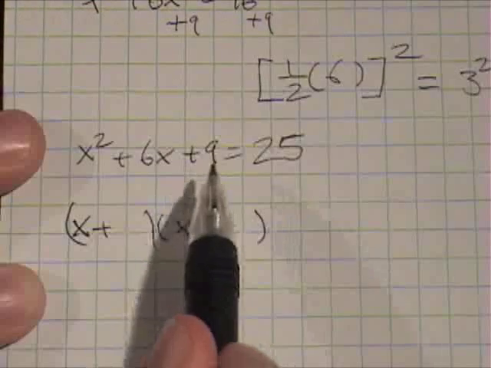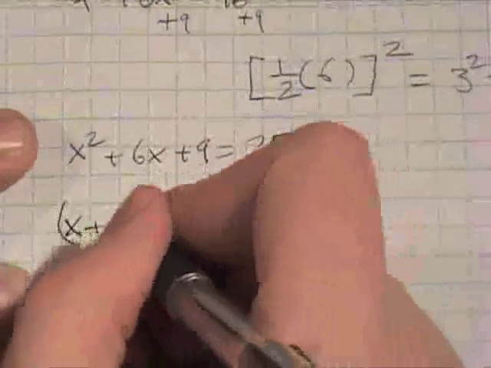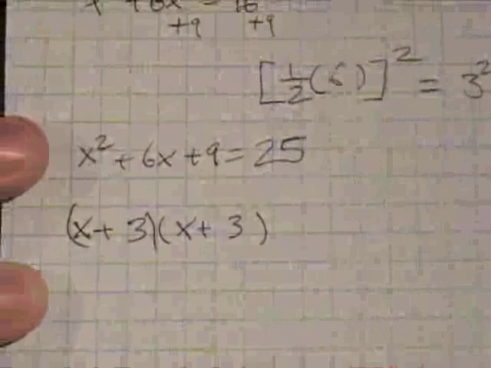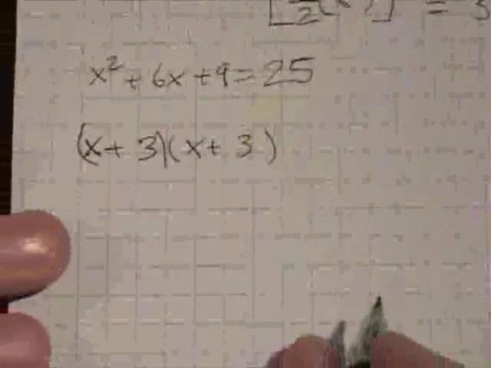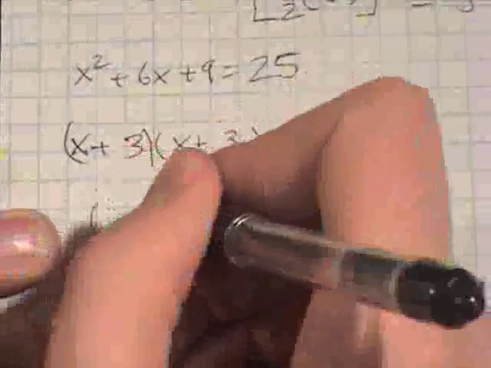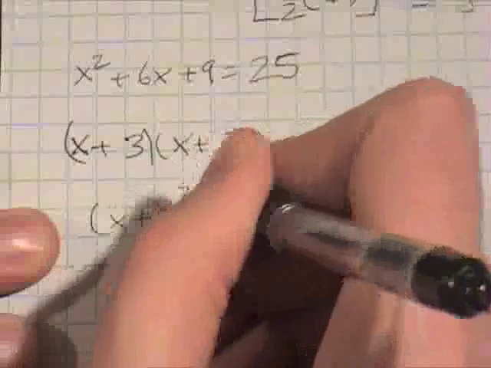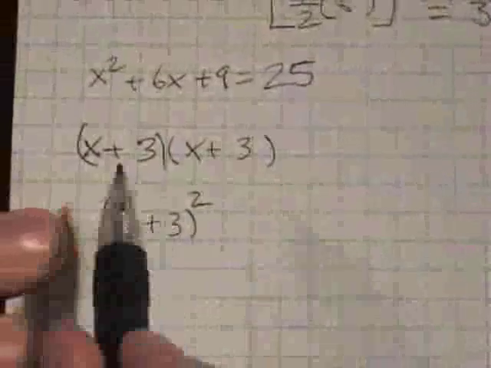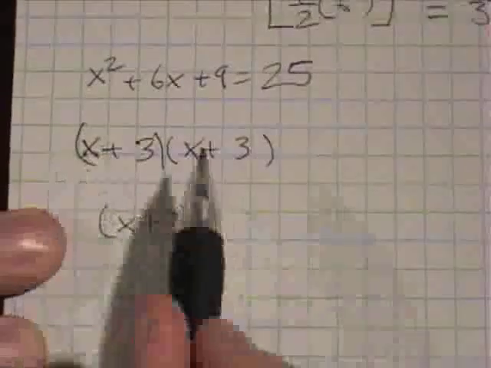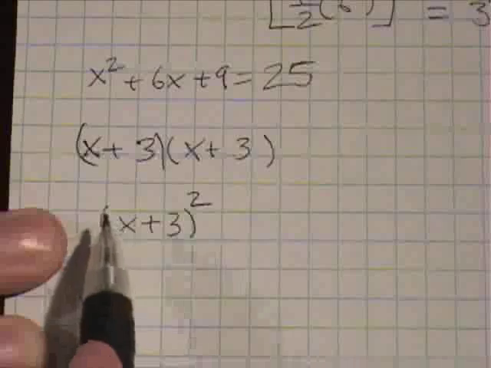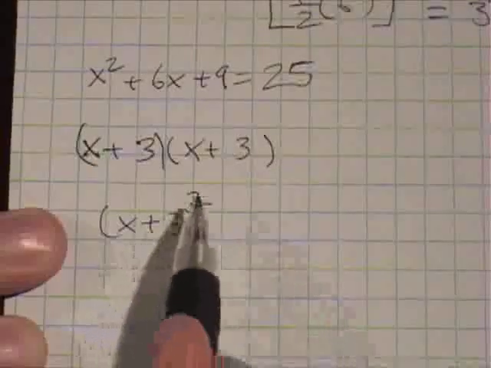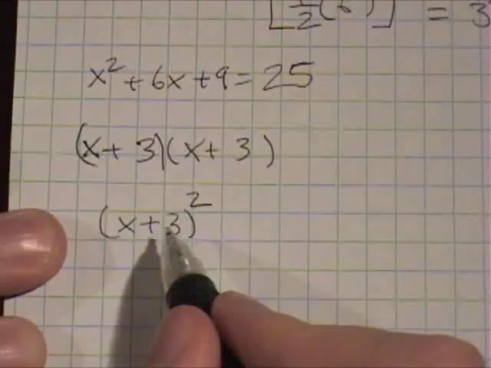What's the perfect square of 9? I already know it's 3. We could simplify this further by just saying x plus 3 raised to the second power, because there are 2 equal factors. That means these factors can be said to be squared.